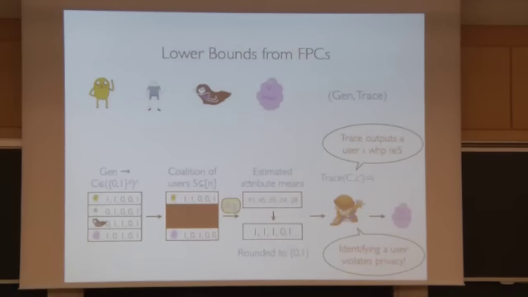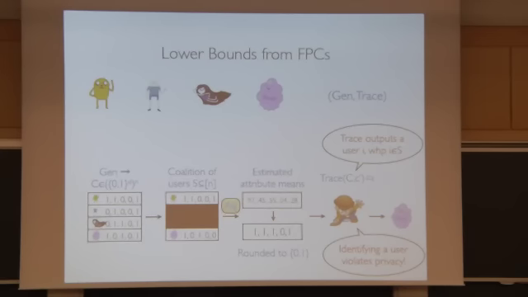And let's suppose I had a differentially private algorithm that could estimate the attribute means of this data set. OK, so I take the coalition of users, I put each of their code words on a row, and now I want to estimate the attribute means of this data set. Well, if you look at a column where they have all ones, the real attribute mean is 1.